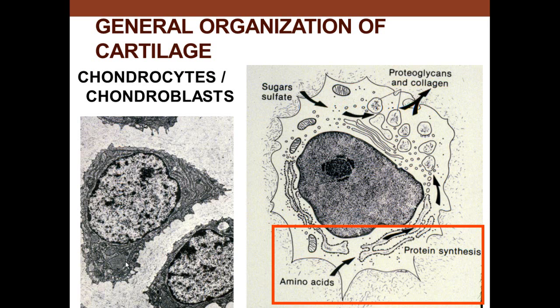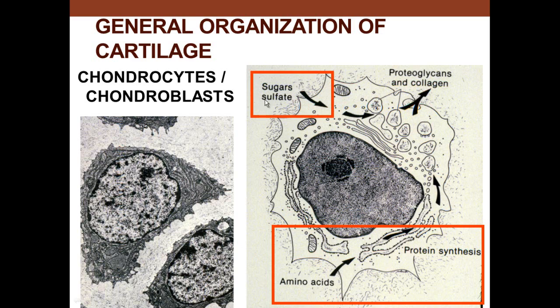Now, chondroblasts give rise to chondrocytes whenever they get trapped in the extracellular matrix. And the extracellular matrix is produced by amino acids coming to the cell and protein synthesis. Ultimately, proteins are being produced.